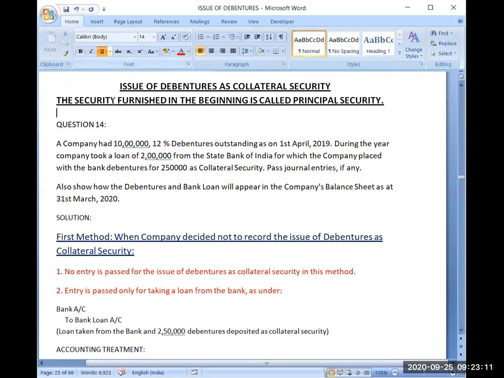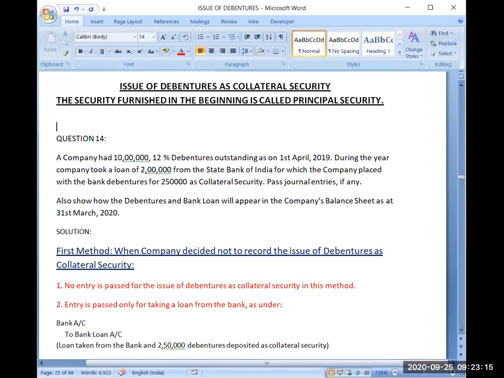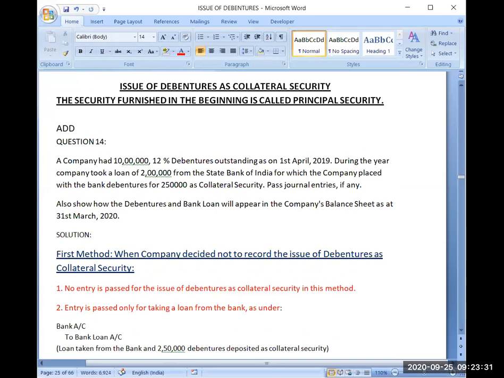But sometimes banks feel, or the person who is lending you money feels, the principal security is insufficient. Then for this purpose, sometimes we give additional security.